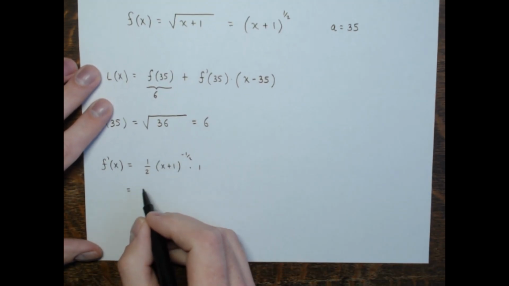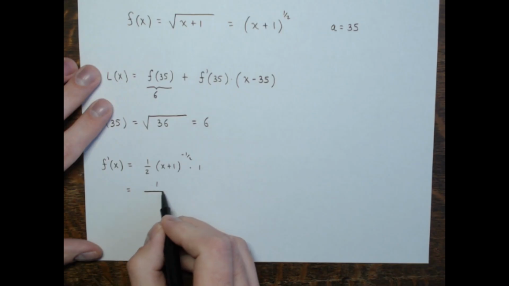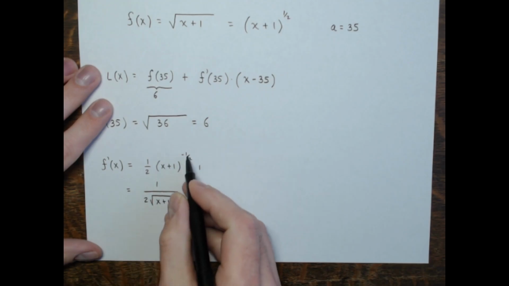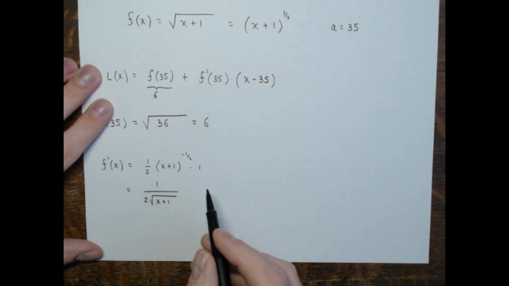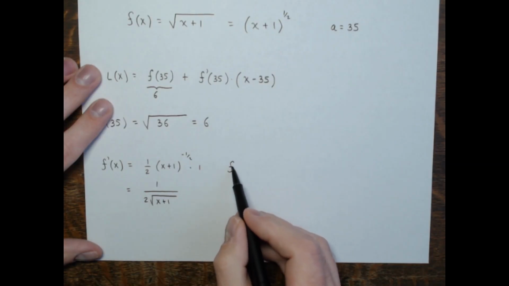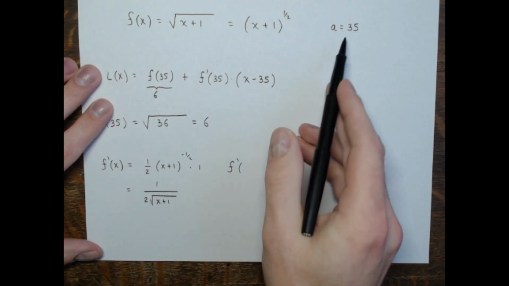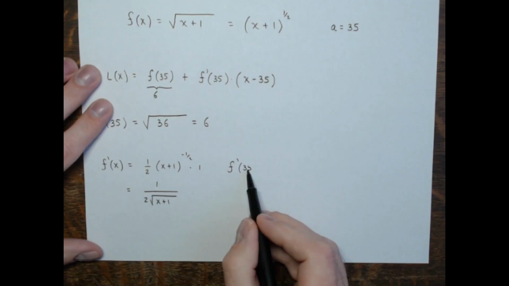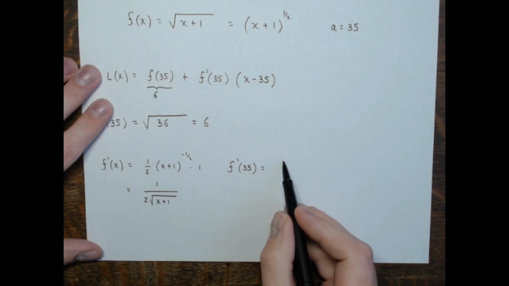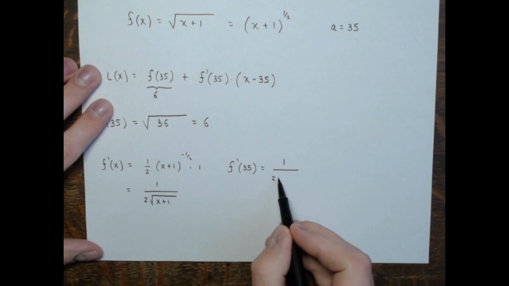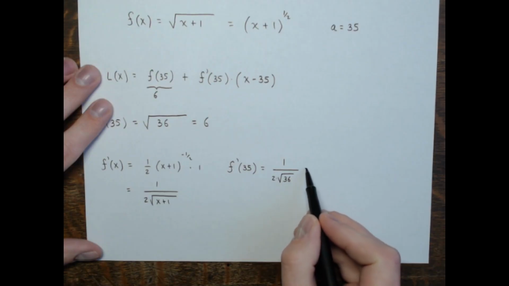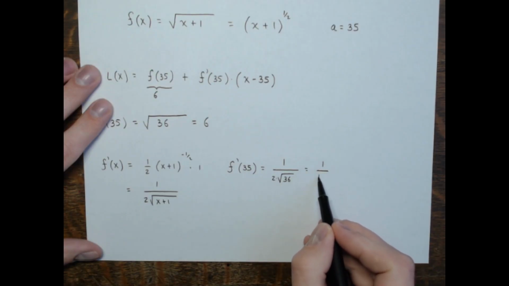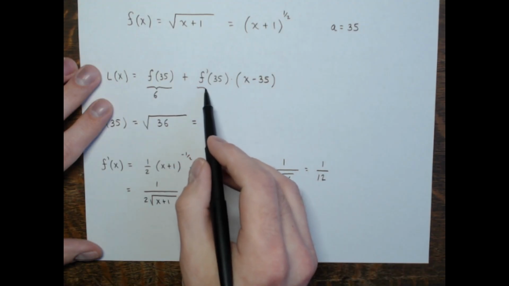And if you want to write this with roots, this would be 1 over 2 times the square root of x plus 1, because that's to the negative half power. Then the value of this derivative at 35, so f prime at 35 would be 1 over 2 times the square root of 36, but that's just 2 times 6, so that's 1/12. Okay, so that's what I'm putting here.